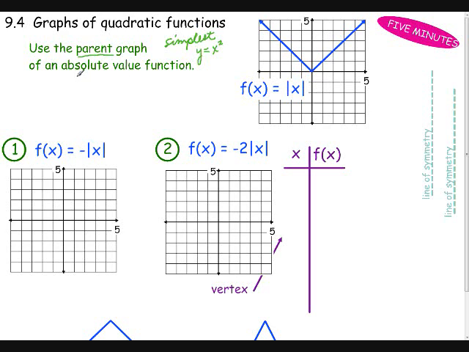The simplest version of an absolute value function: f of x equals the absolute value of x. My input is x, all by itself. If I were using functional notation instead of y, I'd say function f with an input of x. Very simplest one right there.